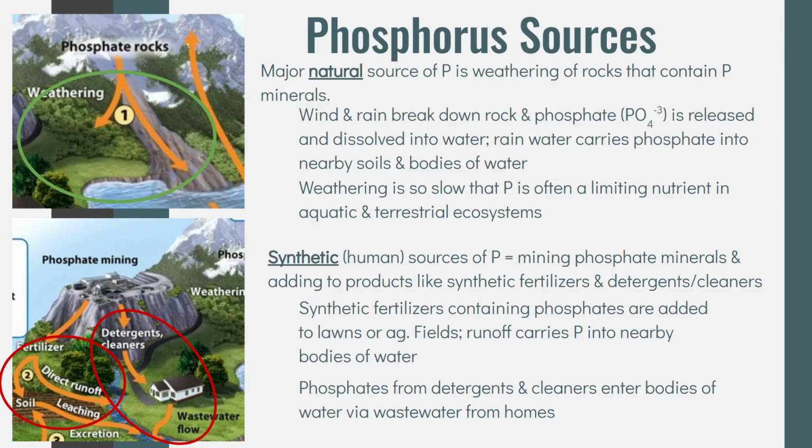If we dig up rocks that contain phosphorus and take out the phosphorus and add phosphates to these products, such as fertilizers or detergents, this creates an issue because when we have runoff from agricultural fields, it can carry the phosphates that were in the soil into nearby bodies of water, and the same thing can happen if we're talking about detergents and cleaners because those can leave homes via their wastewater, and the phosphates in those detergents and cleaners can eventually enter natural bodies of water.